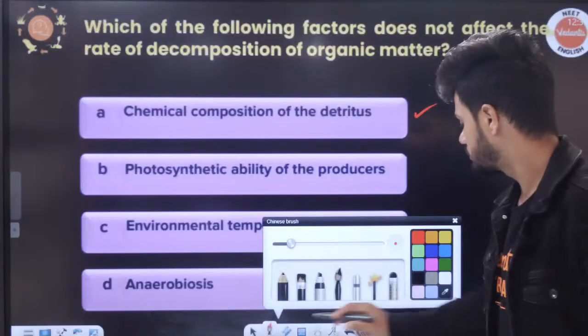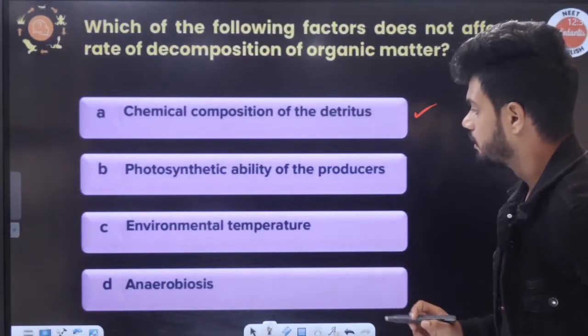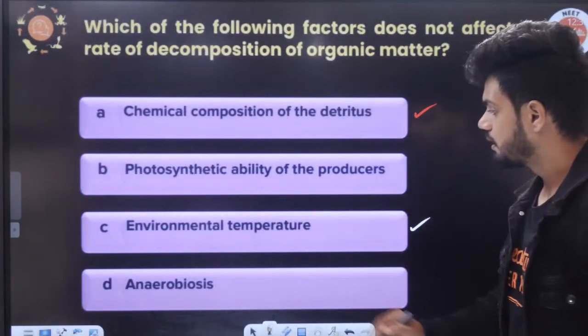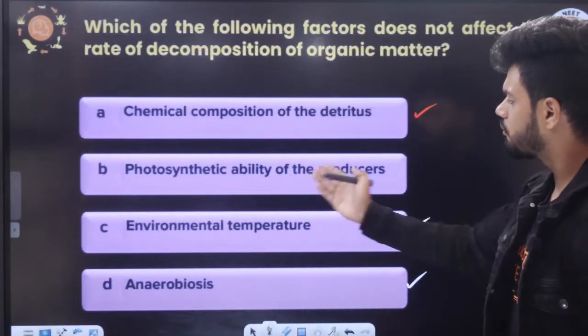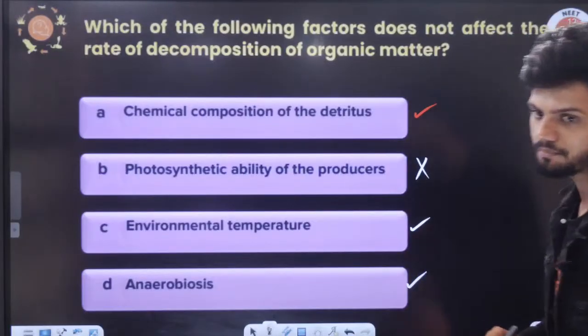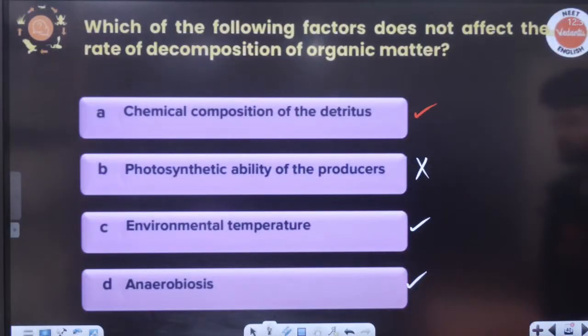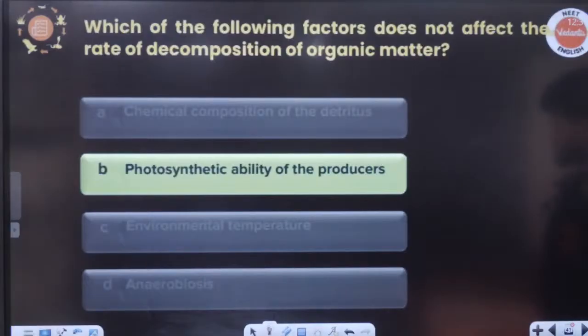Quality matters. Environmental temperature matters. Anaerobiosis matters. The oxygen condition matters. Photosynthetic ability of producers does not matter in decomposition. Right? All of you understanding?